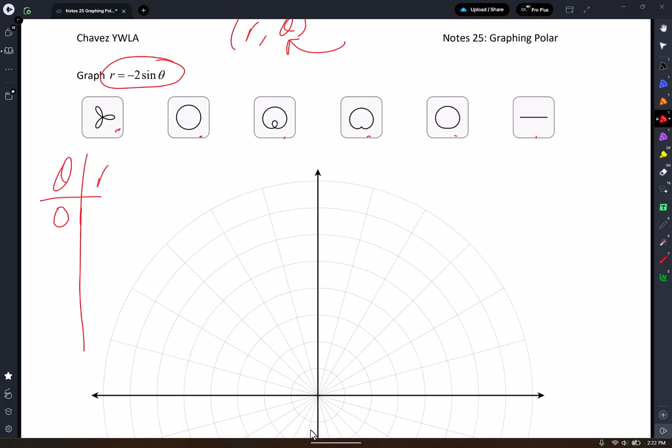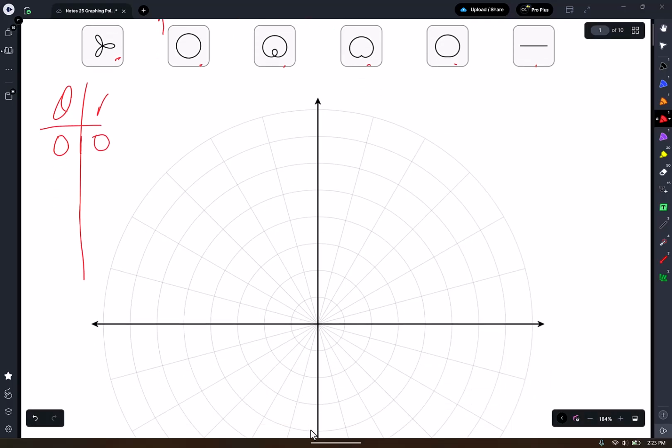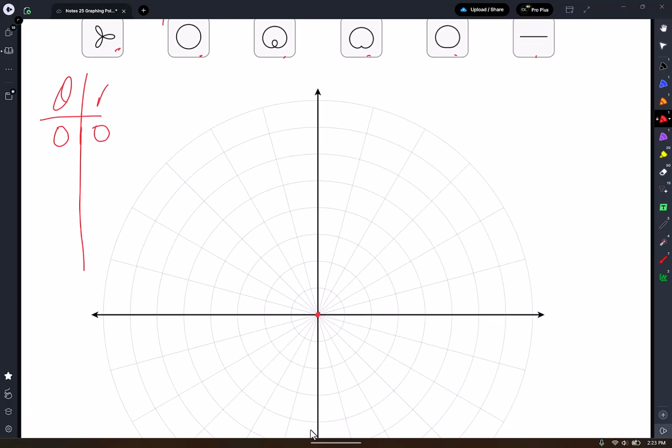If I plug in a 0 into negative 2 sine theta, sine of 0 is 0, and 0 times anything is 0. So I start at the 0 point. Remember, this is the r, and this is the theta. Are we okay so far? Nothing crazy, right? All right, next.